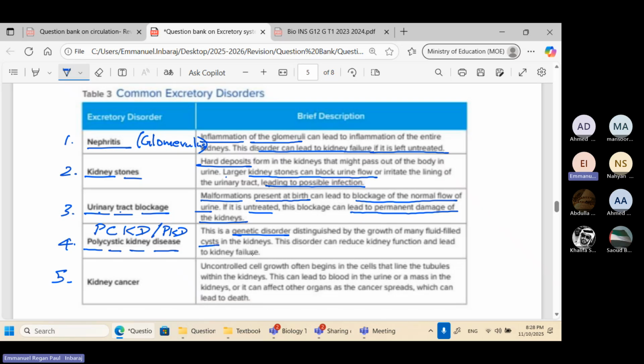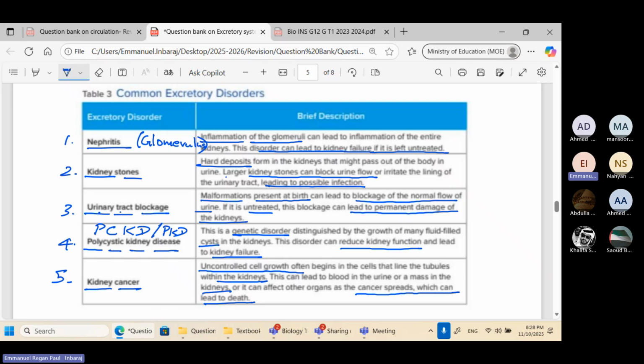It can reduce the kidney function and lead to kidney failure. The last one, kidney cancer. This is uncontrolled cell growth in the kidney, and the cancer spreads to other regions and can lead to death.